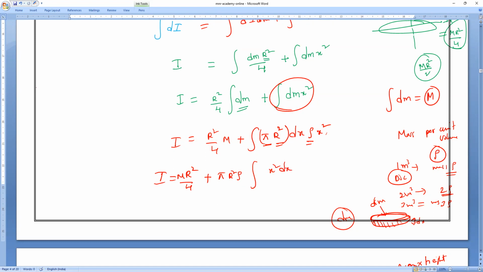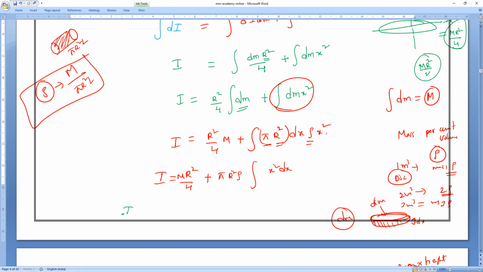Now again, the rho value is very important. What is the rho value? Mass per unit volume. So what is the volume of a solid cylinder? Total mass is M. The volume of a solid cylinder is pi r square L. Please learn the formulas.